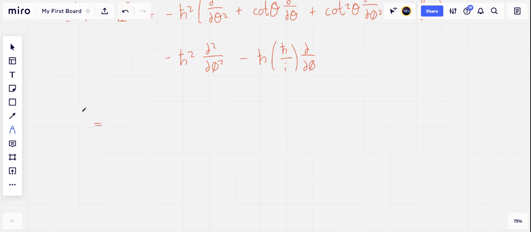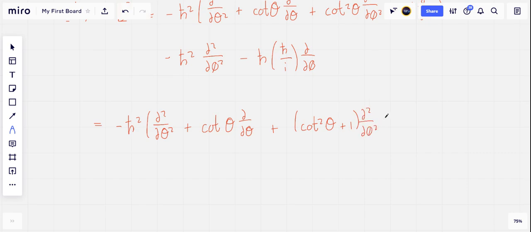And so we can simplify this even further as minus h bar squared into d2/dθ² plus the cotan of θ d/dθ plus the cotan squared of θ plus 1 into d2/dφ² plus i d/dφ minus i d/dφ.